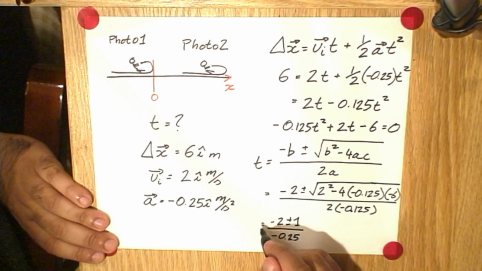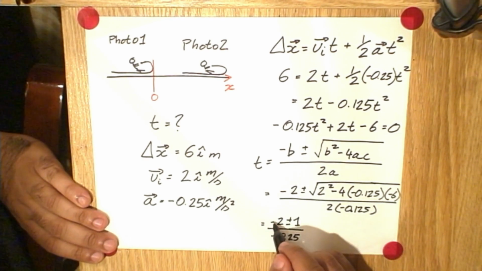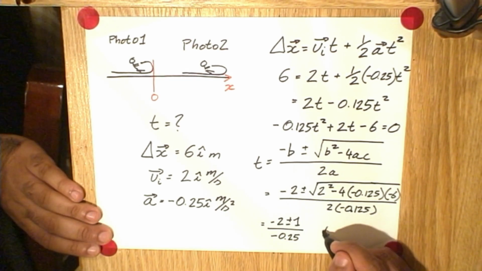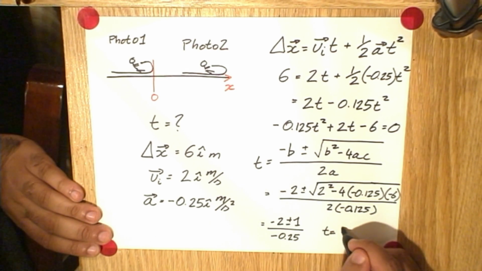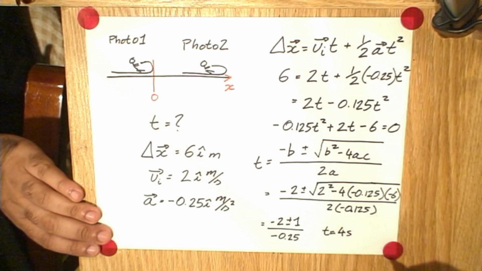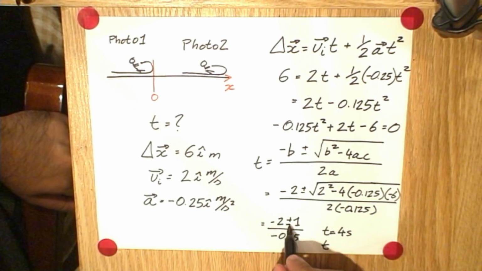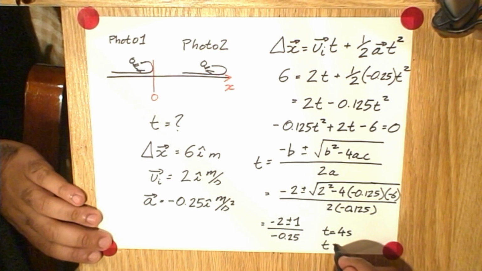So the possible solutions to this would be negative 2 plus 1 divided by negative 0.125, 4 seconds, or negative 2 minus 1 over negative 0.125, which would be 12 seconds.